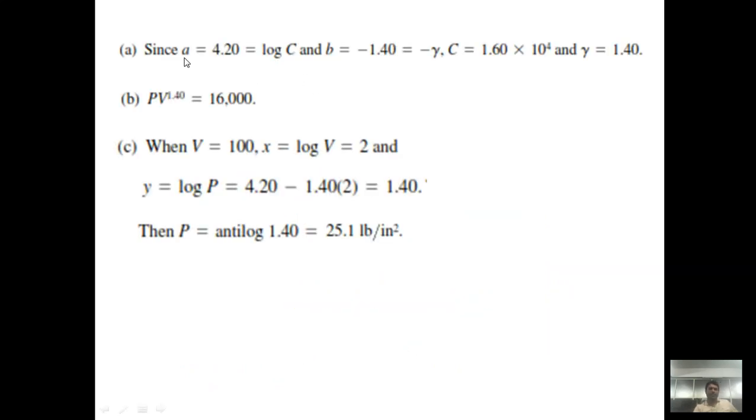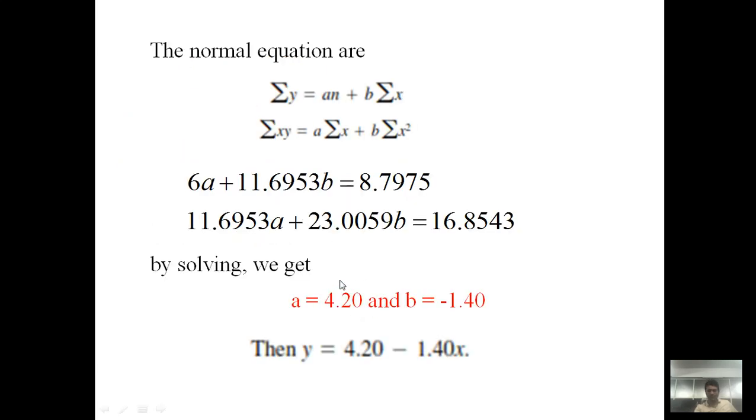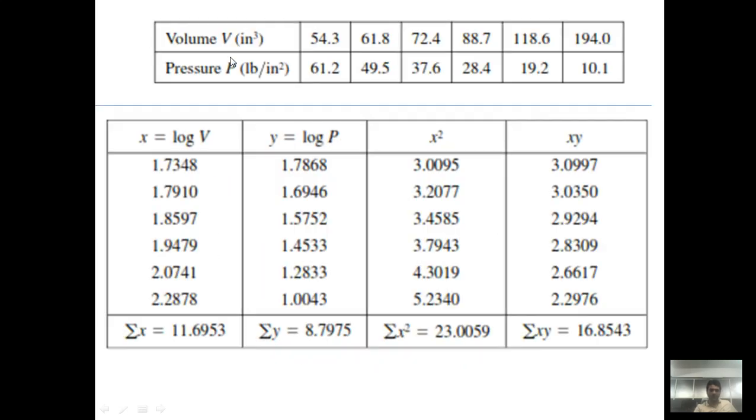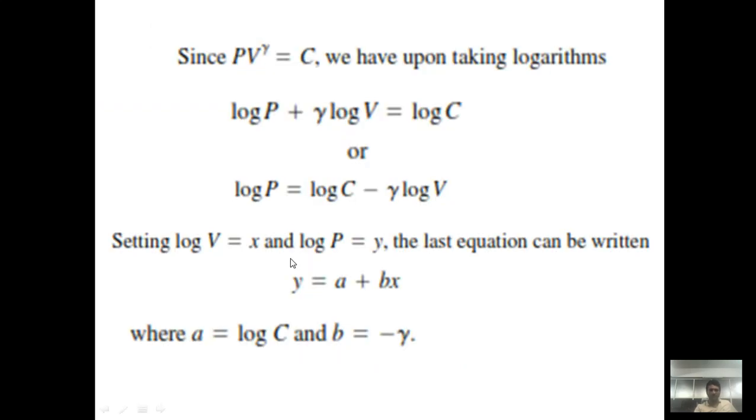So since small a, we have to find out, a is equal to 4.20. But we have to assume what is small a? Small a is a transformation that is log c.